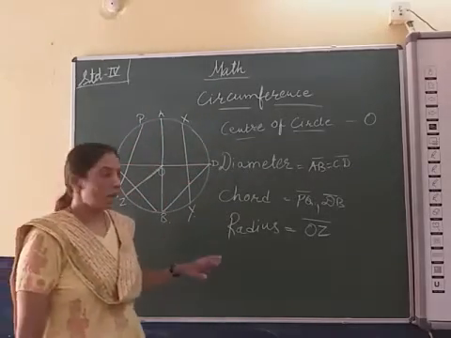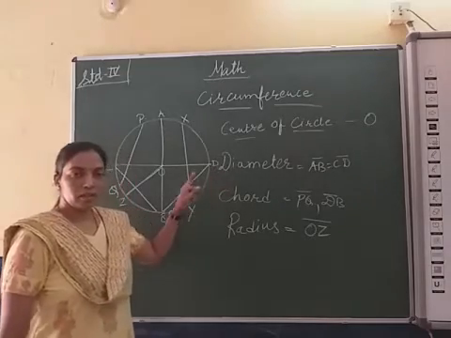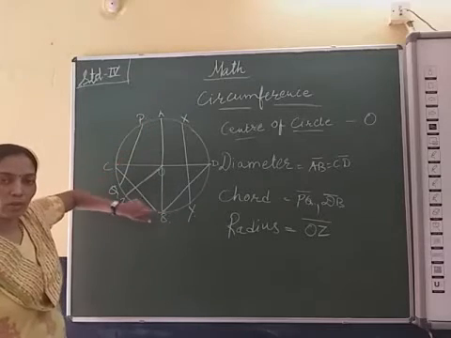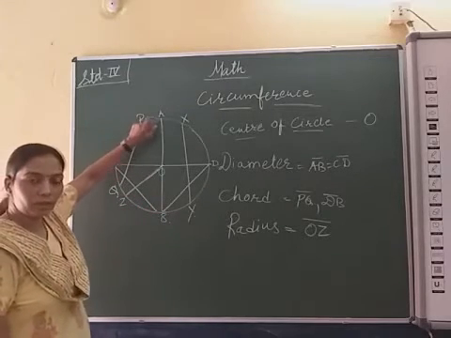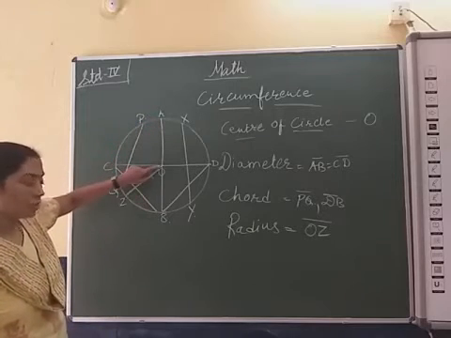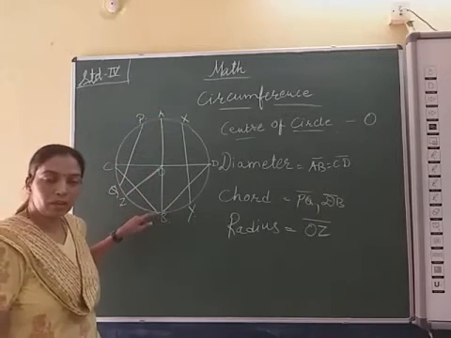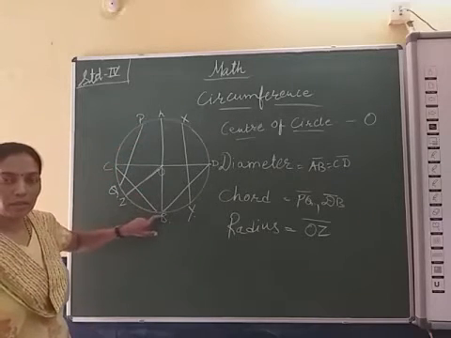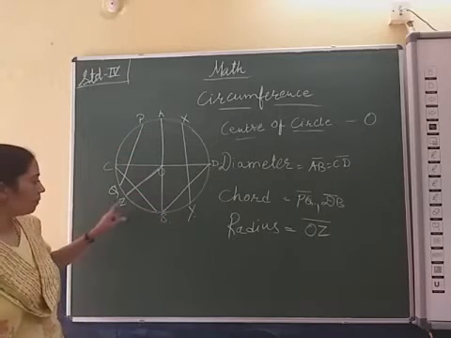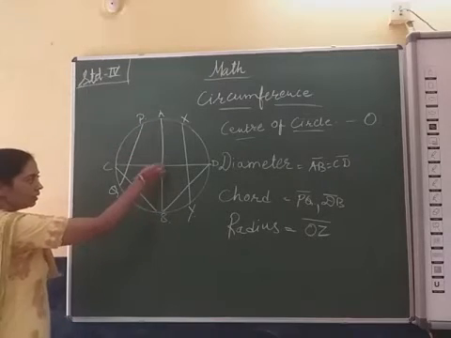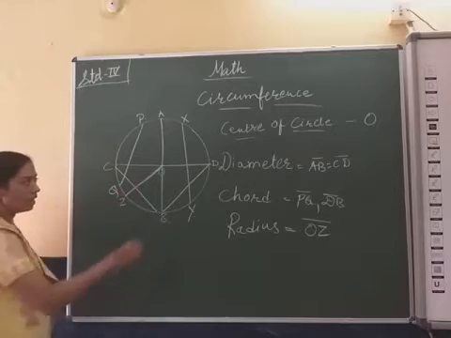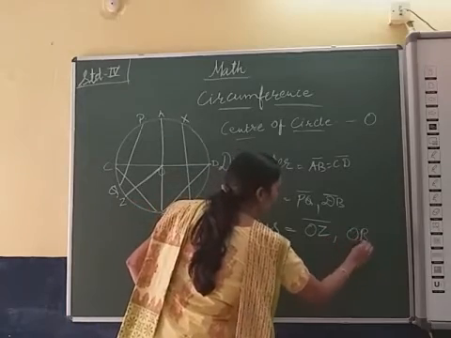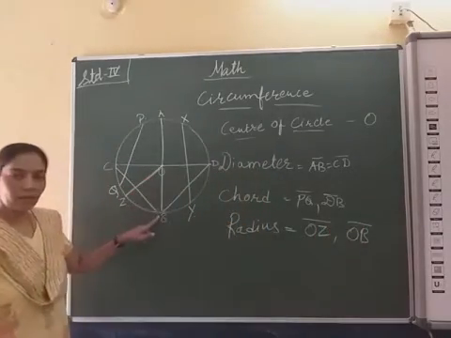Have you observed the diameter? The diameter is the line segment that passes through the center, with its starting point on the circle and its ending point on the other side, also on the circle. So the diameter is the longest length of this circle, and the radius is half.